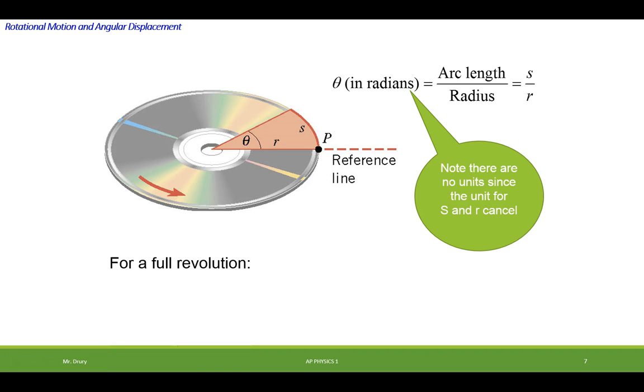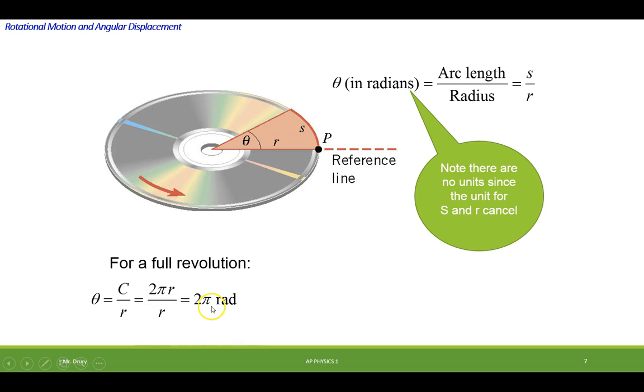So let's look at one revolution. That means you start at some reference line, you go all the way around, and then back again. So if that's true, the arc length would be equal to the circumference, and the radius would still be the radius. So what is the circumference of a circle? 2 pi r. The r's cancel out.